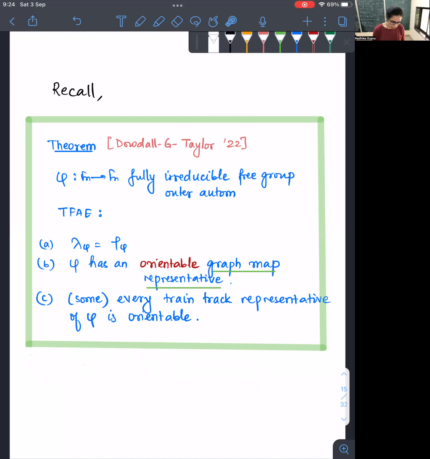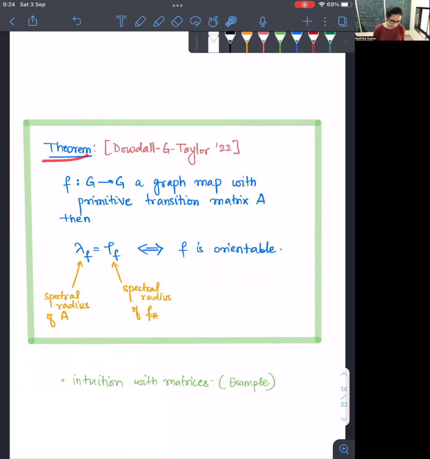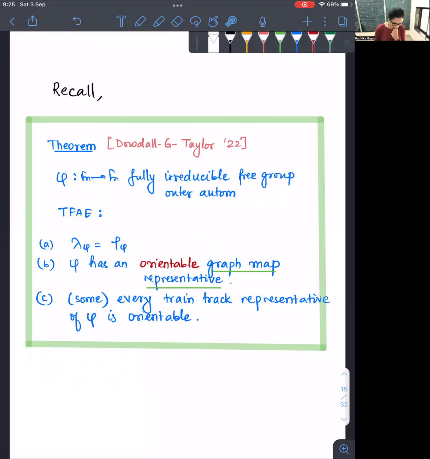And for these automorphisms, the correct graph map representatives, like these train track representatives, do have primitive transition matrices. So that's why we can apply our graph theorem to get this theorem about fully reducible automorphisms.